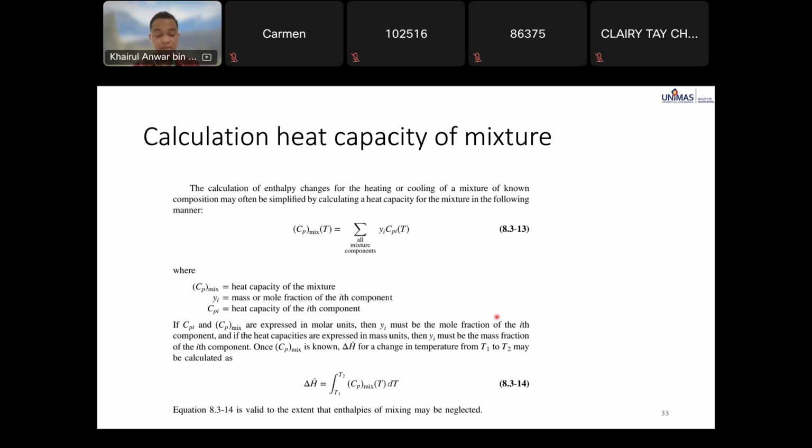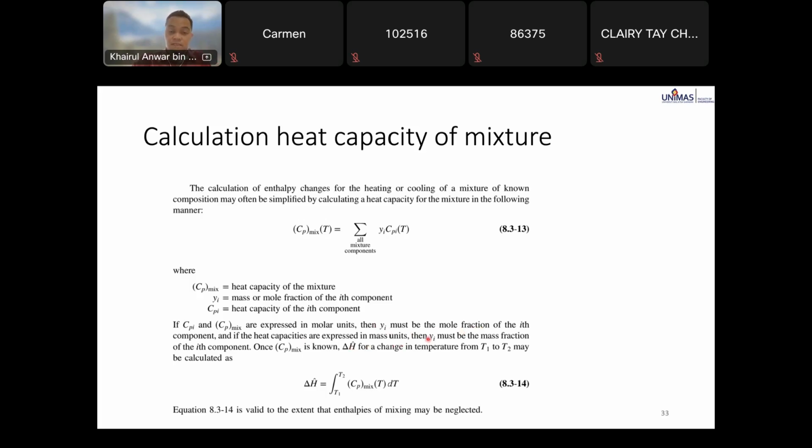So each component of the mixture has its own mole fraction or mass fraction. Cpi is the heat capacity of that specific component. If Cpi and Cp mix are expressed in molar units, then yi must be the mole fraction of the i component.